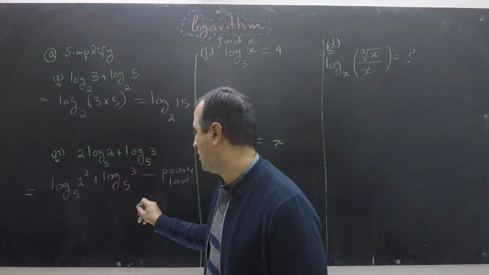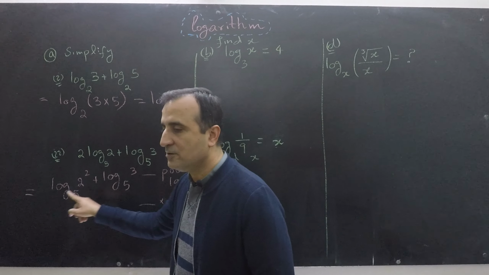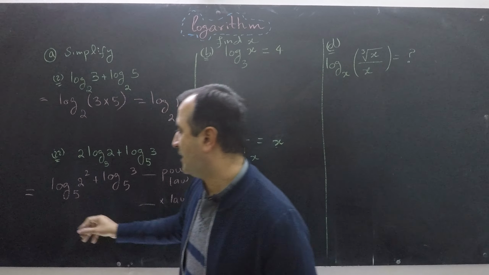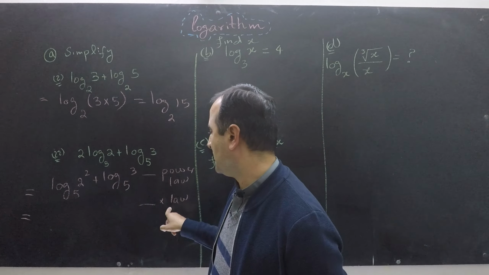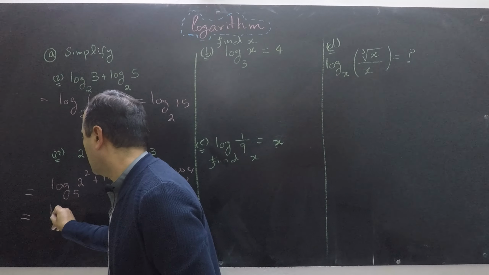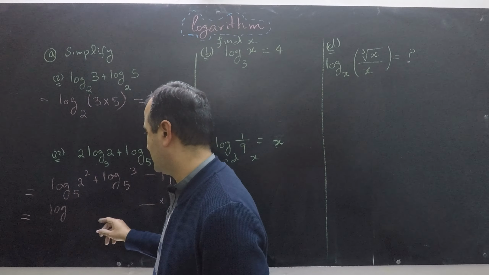Now I will apply multiplication law. Because they are adding, I can multiply them and write 1 log function. This is going to be equals to log, obviously the base must be same, otherwise we can't apply multiplication law.